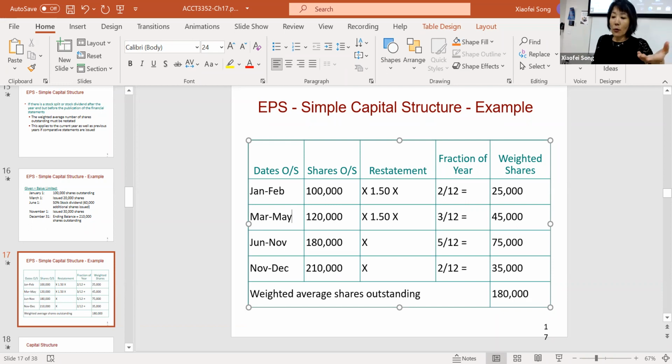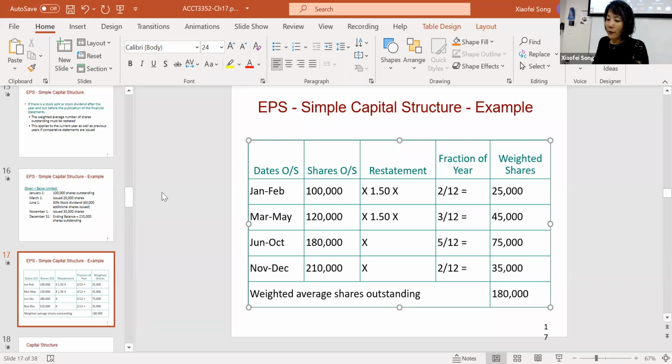The full months would be March, April, May. And June to October 31st, because November 1st things changed, right? However, the number of months we're counting here is correct.